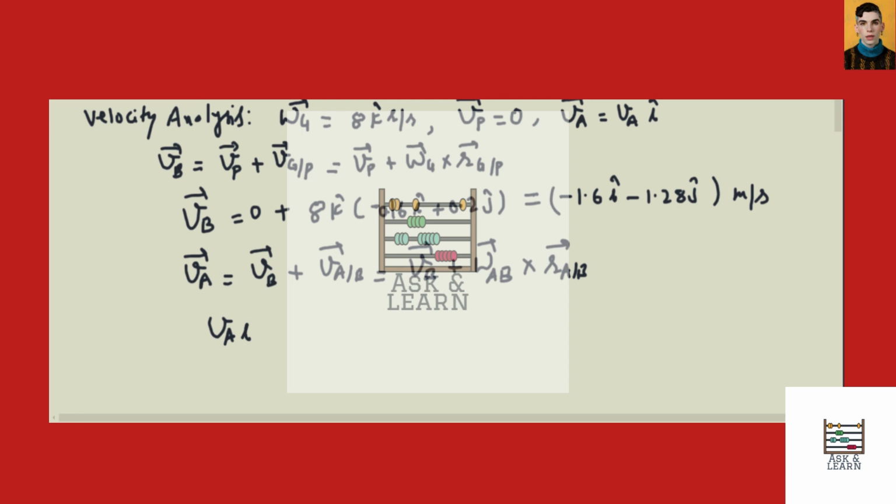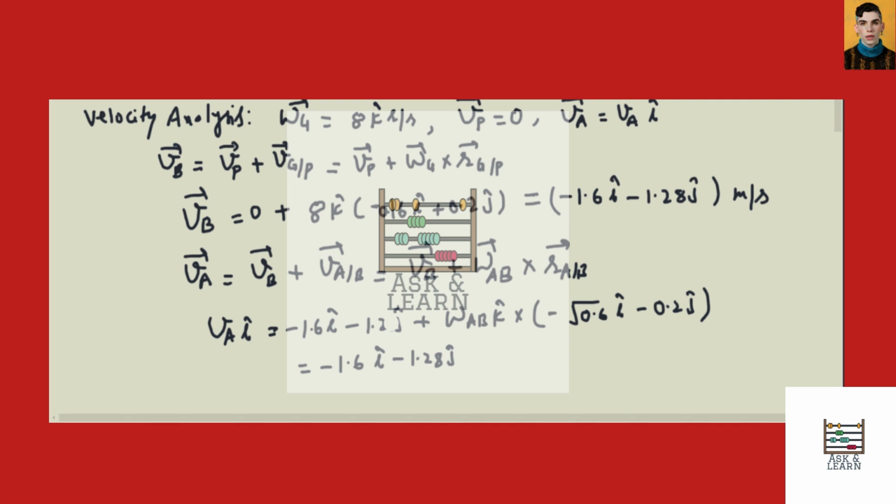This is given v_A i cap, and we have calculated minus 1.6 i cap minus 1.28 j cap, plus omega AV k cap cross minus root of 0.6 i cap minus 0.2 j cap. So on solving it, this could be written as minus 1.6 i cap minus 1.28 j cap. I have to make a correction here. Just a moment. I should write more properly so there would not be any confusion.